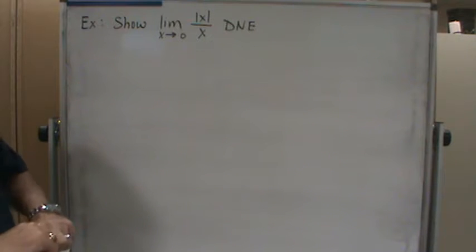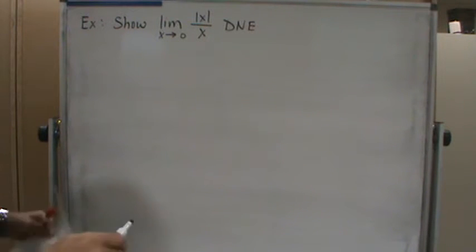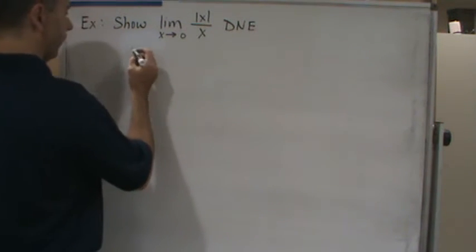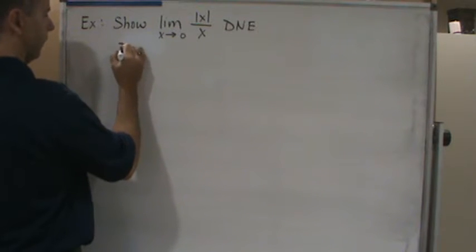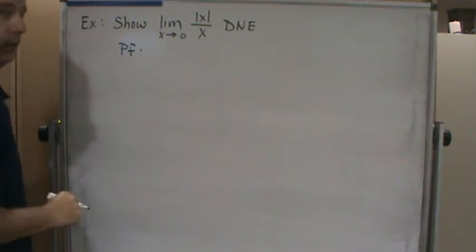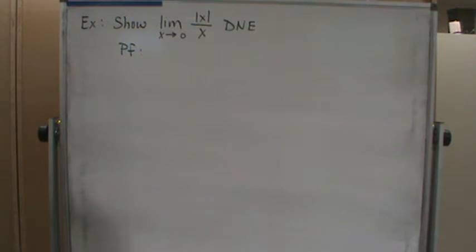So how would we do this? Well, let's show proof. Okay, so in this case here, we start with wanting to show that this is going to hold for any limit that we choose.